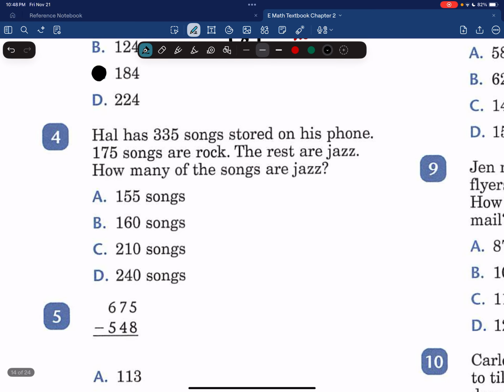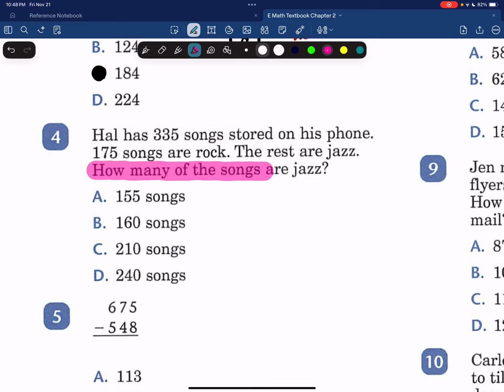Number 4 is a word problem, so let me get my pen ready here. Hal has 335 songs stored on his phone. 175 songs are rock. The rest are jazz. How many of the songs are jazz?